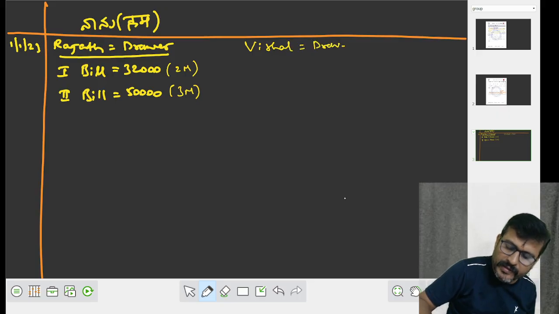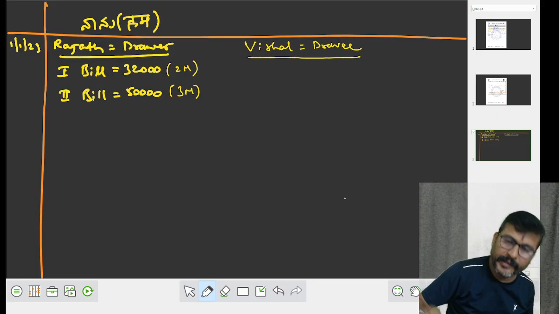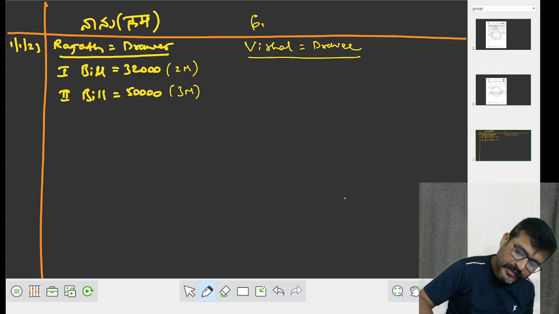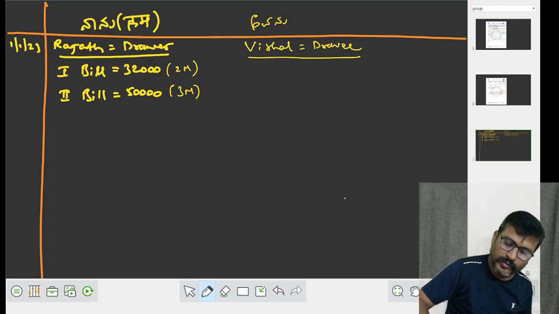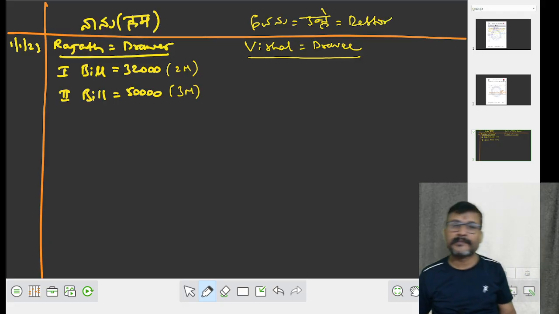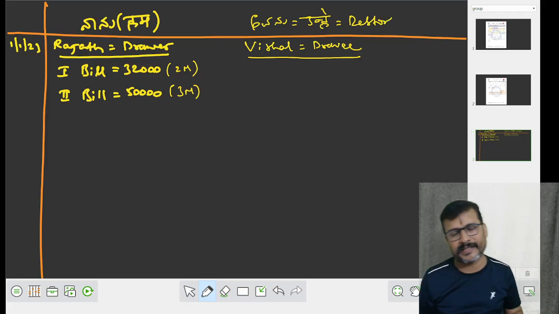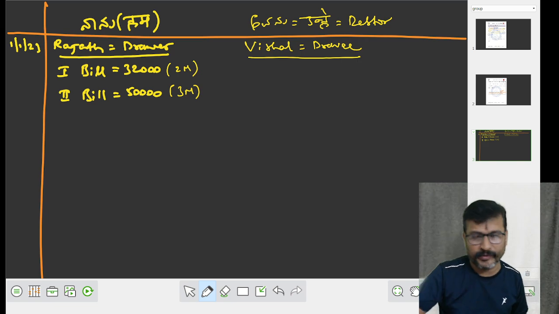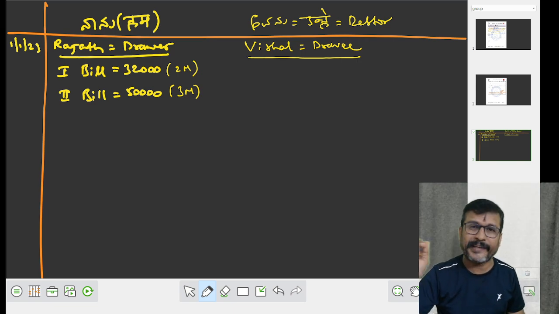Vishal is the debtor. Please remember all these wordings. Vishal is a debtor.